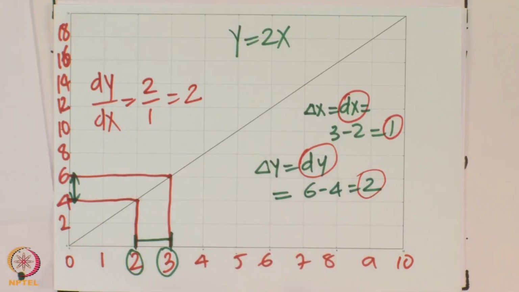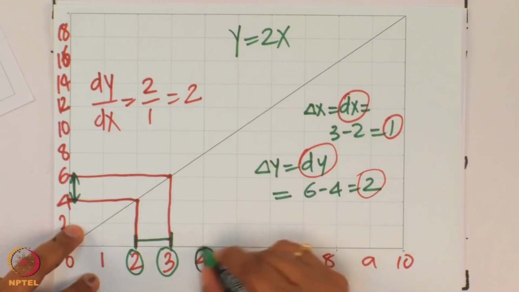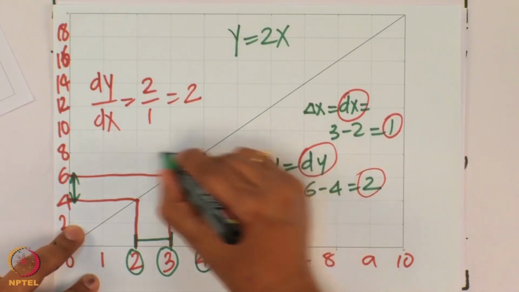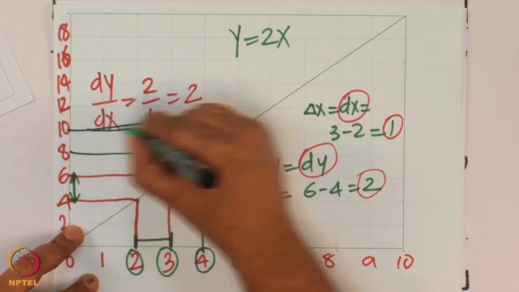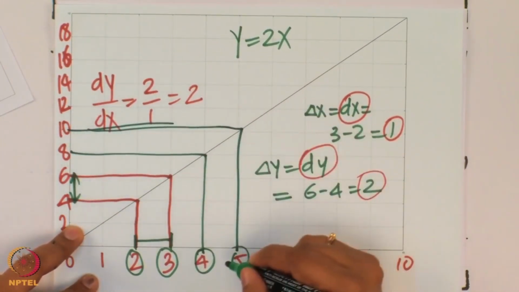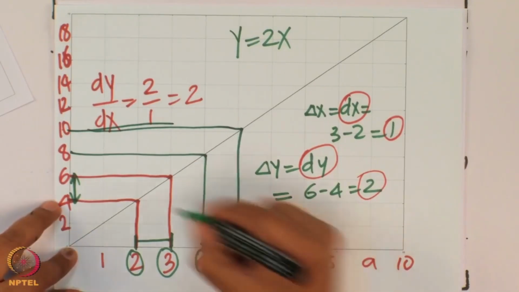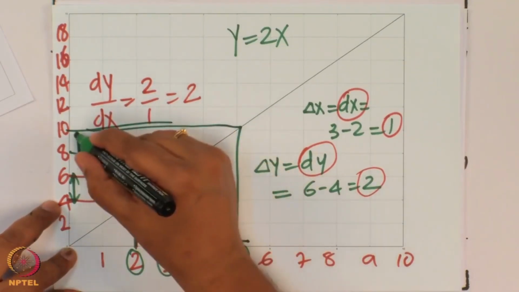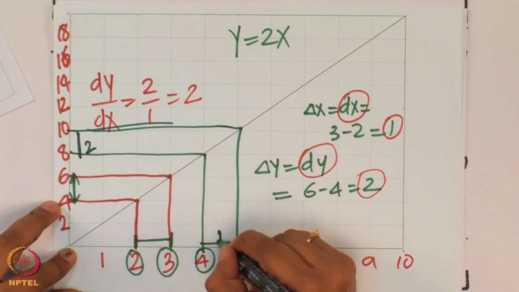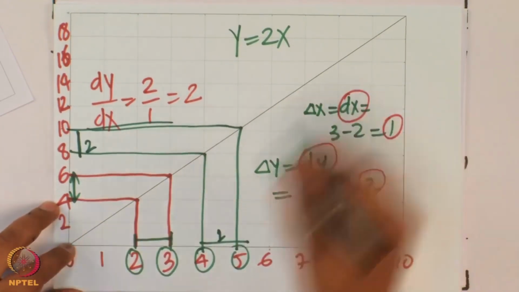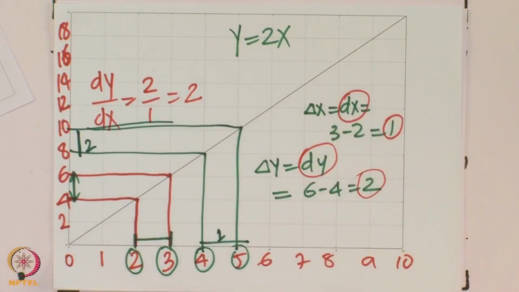Now if we were to take some other values of x and y, you will essentially get a similar number. Think of doing the same thing, take 4 and 5, correspondingly you will get 8 and 10. So dx is 1, dy is 2, 2 divided by 1, you will get again the derivative is 2.